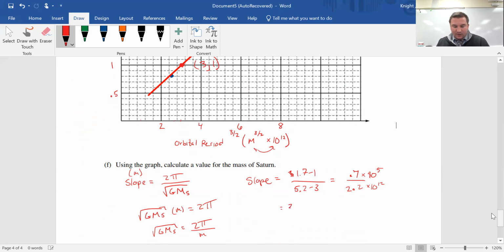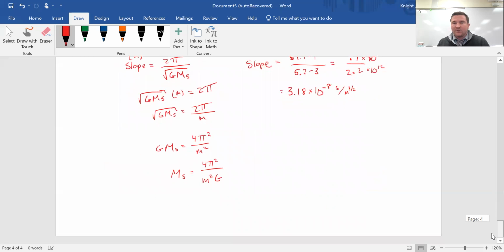So the slope here is 3.18 times 10 to the negative 8th seconds per meter to the 3 halves. What a good unit to use.